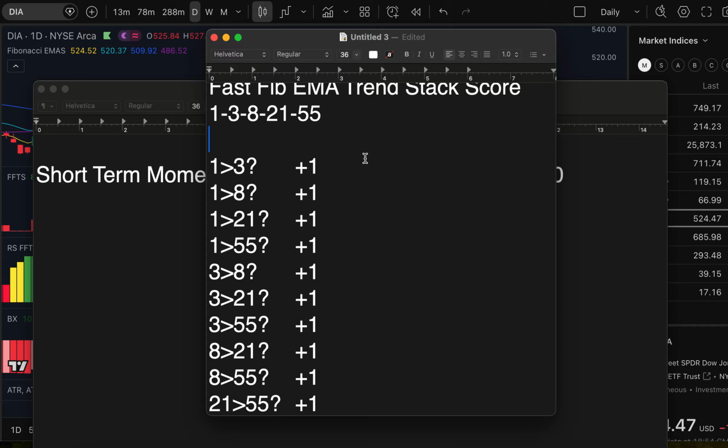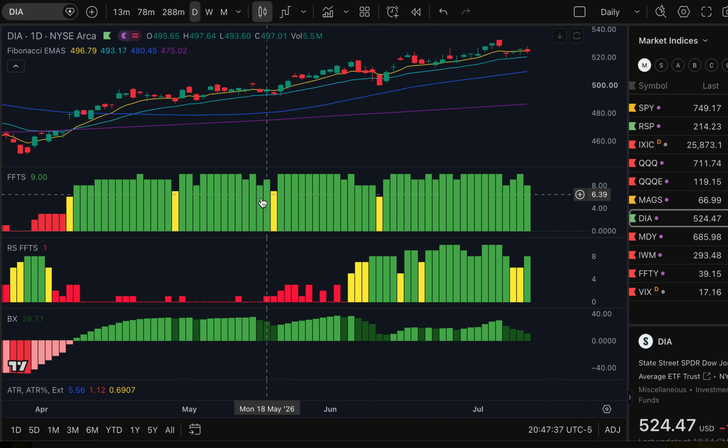So perfect trend stack where the 1's above the 3, is above the 8, is above the 21, and is above the 55 will give a score of 10 out of 10. And that's how I measure the trend.